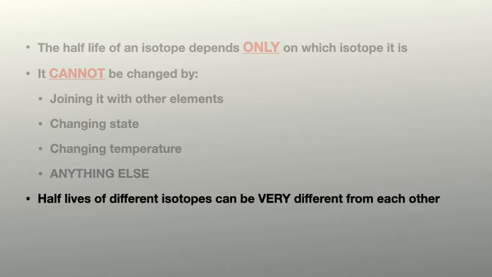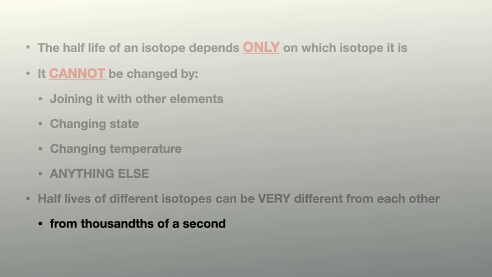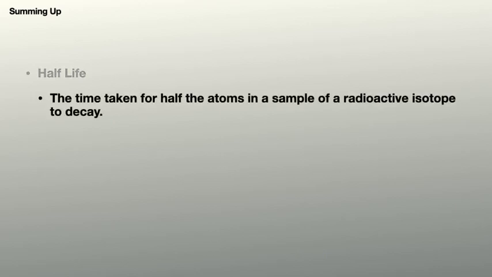One thing I should also emphasize, that the half-lives of different isotopes can be very different from each other. So far we've seen half-lives of about a day or so, but they can in fact be anything from thousandths of a second right the way through to millions of years. Okay, so summing up. What is half-life? It is the time taken for half the atoms in a sample of a radioactive isotope to decay.